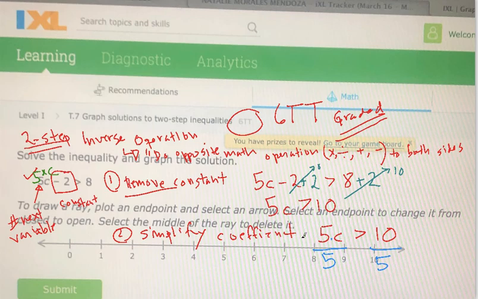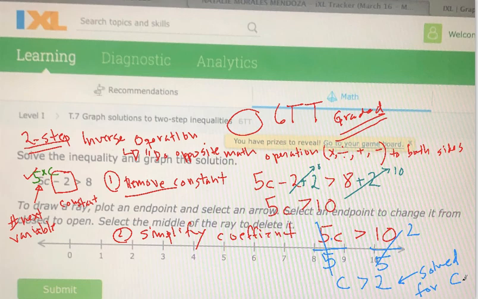The opposite of multiplication is division. When you do that, the 5s cancel each other out, and you're just left with c. And 10 divided by 5 is just 2. So you're left with c greater than 2. And there you have now solved this inequality for the variable c. Boom. So that is the first step in solving this.